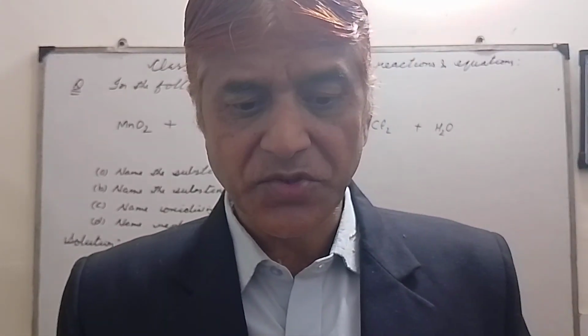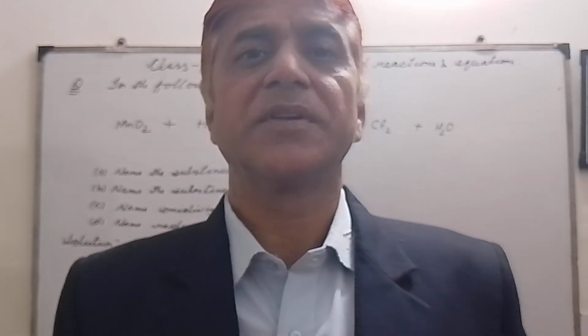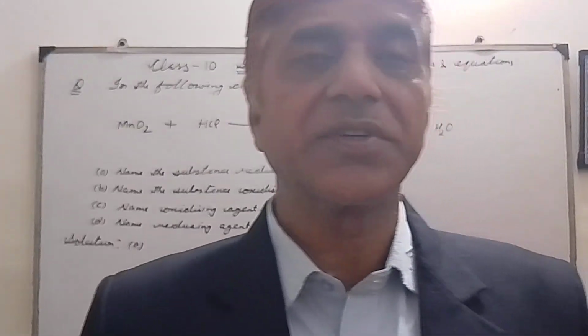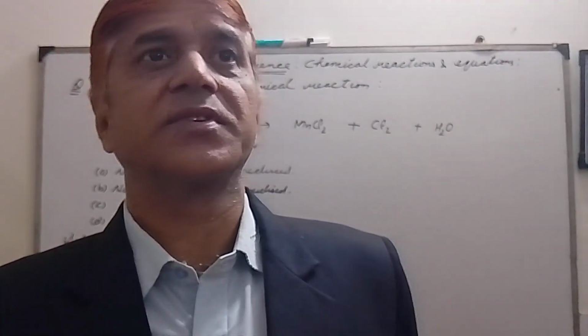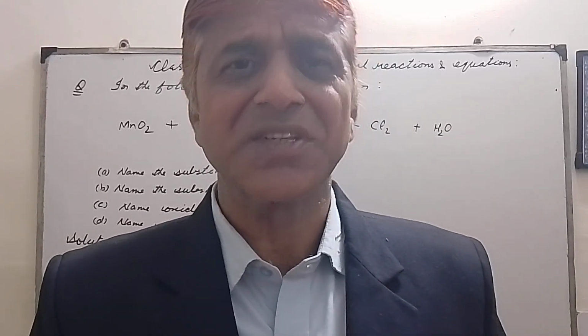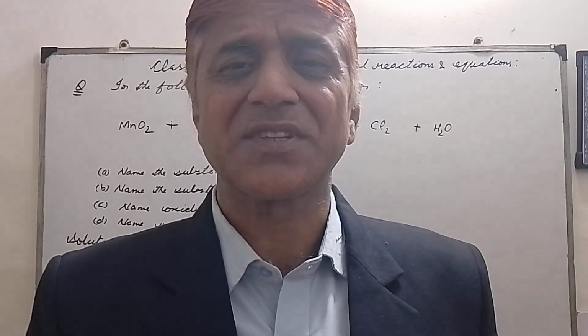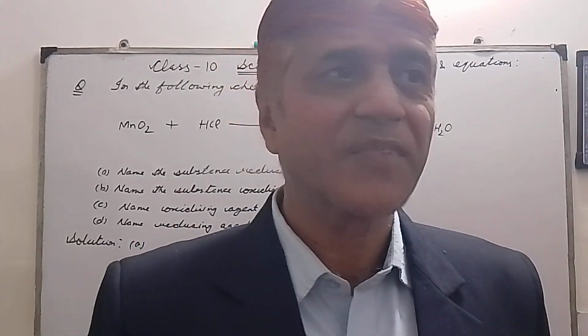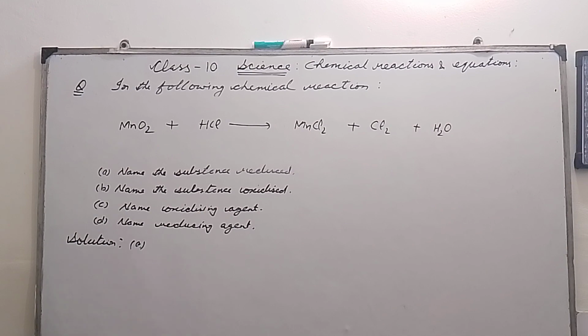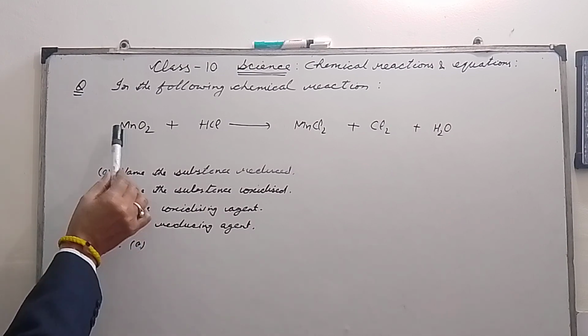Today I'm taking one more example of a chemical oxidation and reduction reaction to further reinforce your knowledge about all these things: oxidation, reduction, oxidizing agent, reducing agent, oxidized substance, reduced substance, etc. So let's take one more example. Now, my dear students, this is the equation.